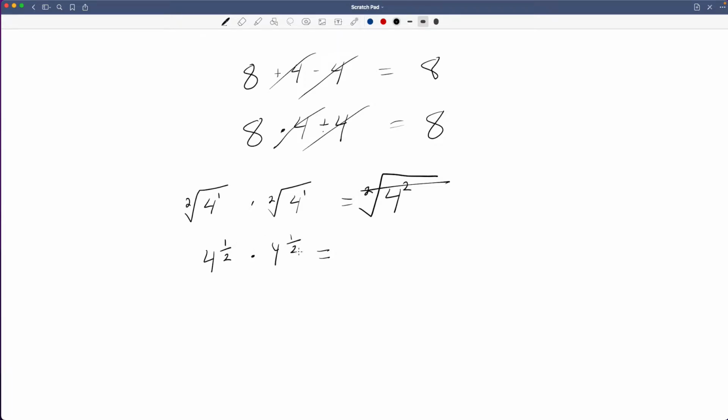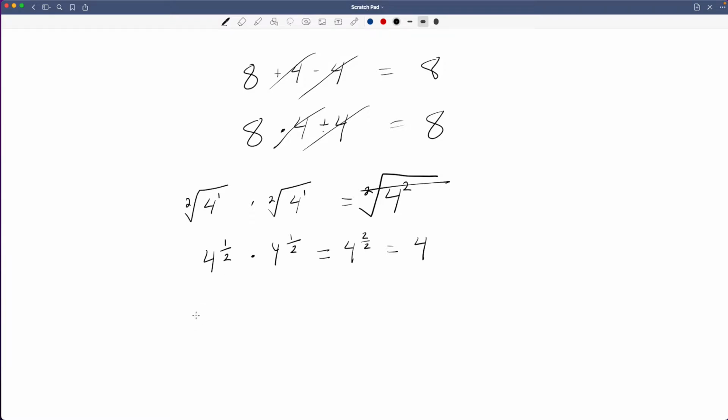Here, the exponent just happens to be a fraction. So when we add 1/2 and 1/2, we get 4 to the 2 over 2. Well, that equals 1. 4 to the 1 power, it's just 4. So whether you do it like this or like this, it still has the same rules and properties that make it come out to the same answer.